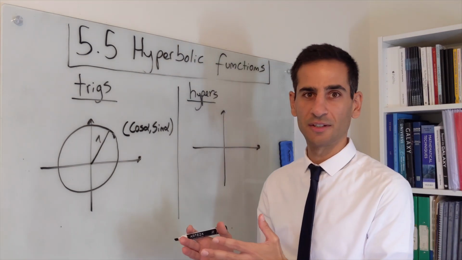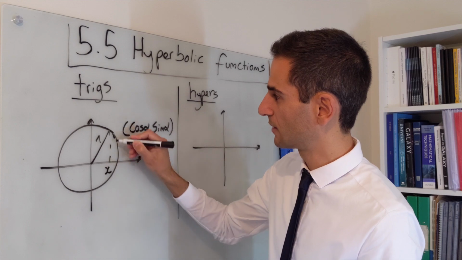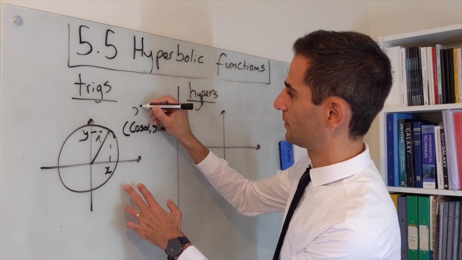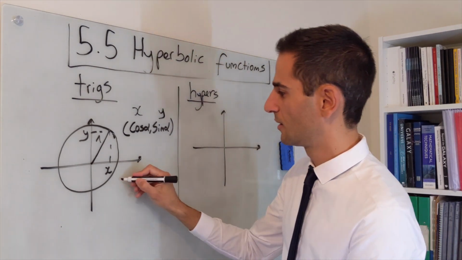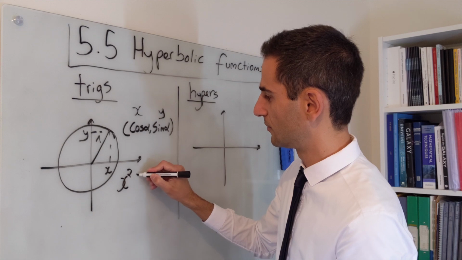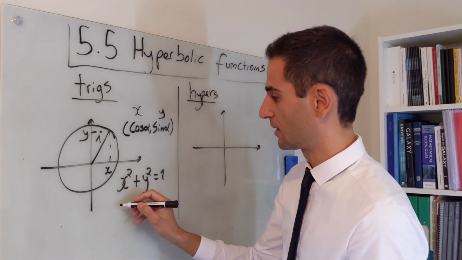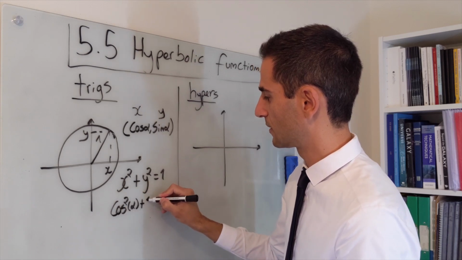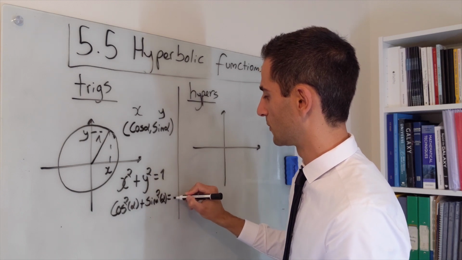In these conditions, you can very easily realize that coordinate x and coordinate y are essentially given by these two terms. And it also makes sense why you can get the fundamental identity, which is, in this case, cos² alpha plus sin² alpha equals 1.